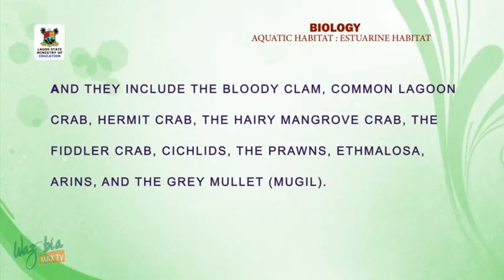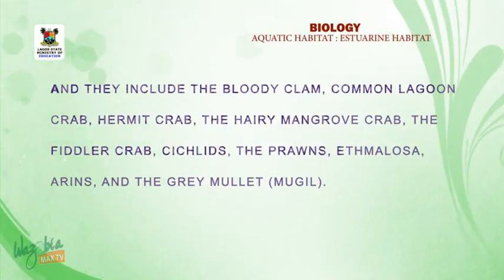They include the bloody clam, common lagoon crab, hermit crab, the hairy mangrove crab, the fiddler crab, cichlid, the prawns, Ethmalosa, herrings, and the grey mullet. All these are examples of the animals that are found in estuaries.